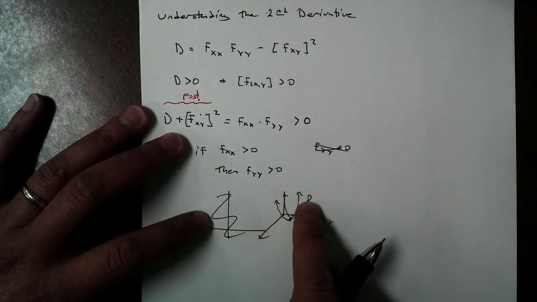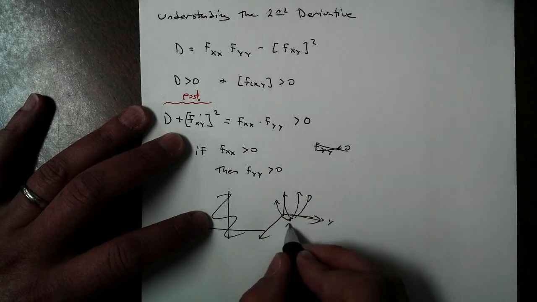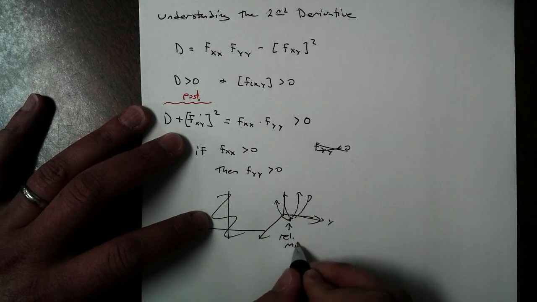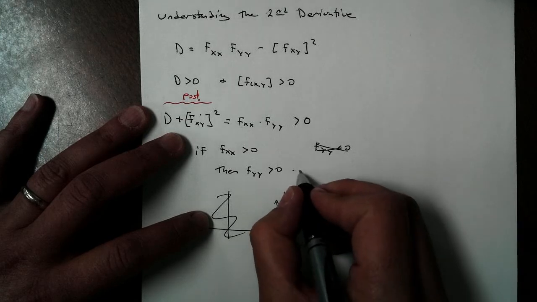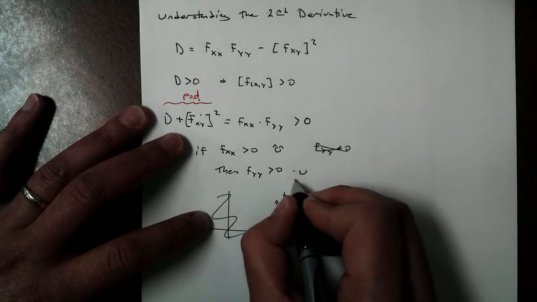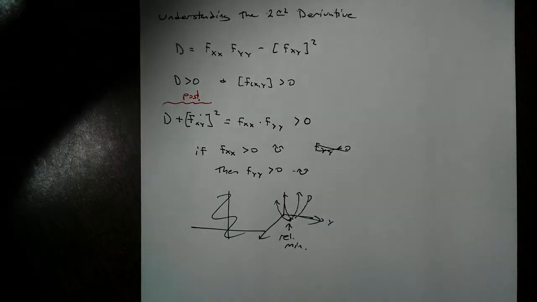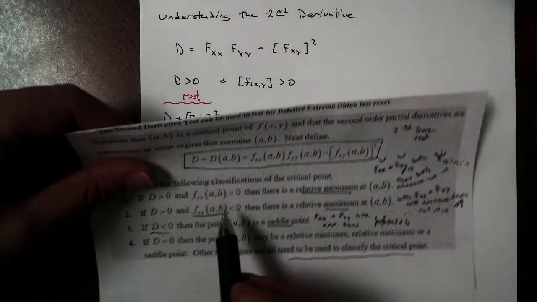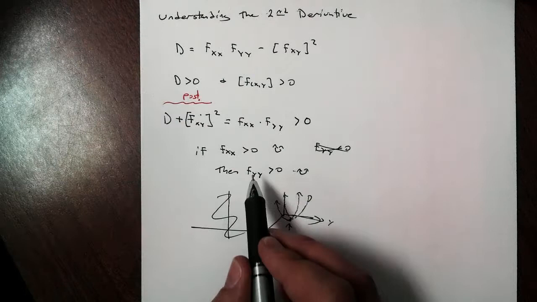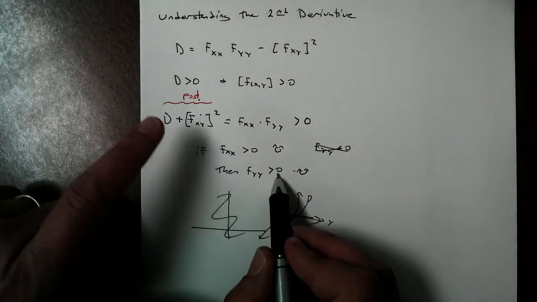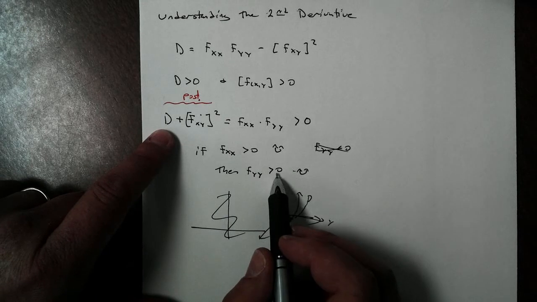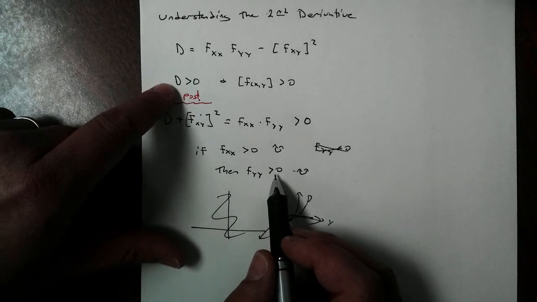So since both directions are concave up, this has to be a relative minimum. That's what this is kind of saying right there. And that is why we only have to worry about the second partial with respect to x, because the second partial with respect to y would also have to be greater than 0 if d is positive. That's the big condition right there.